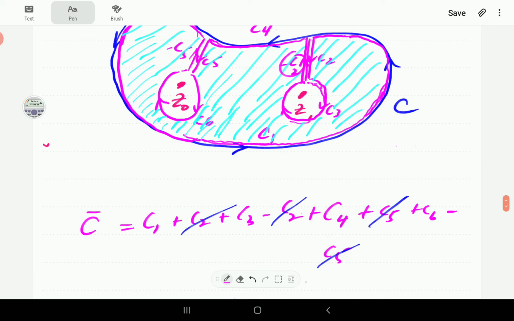Notice that C here, the original contour, in terms of the pink contour, is just C1 plus C4.